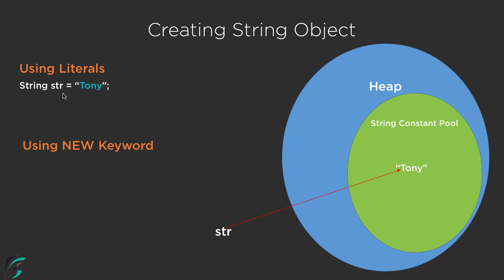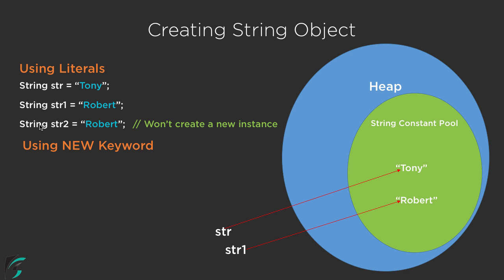Proceeding forward, suppose I create one more string, str1 = "Robert". Again, this Robert will be created inside the string constant pool. So we have another reference variable str1 pointing to this object of string Robert. Now again we have one more string, str2 = "Robert".